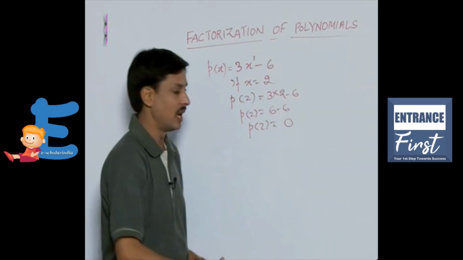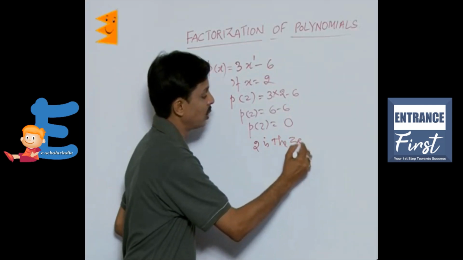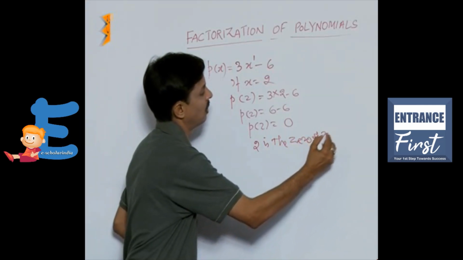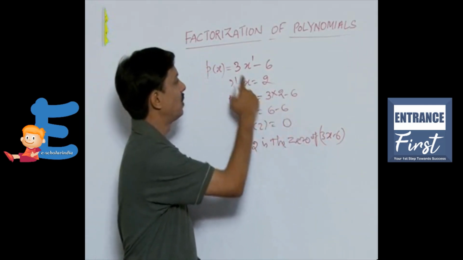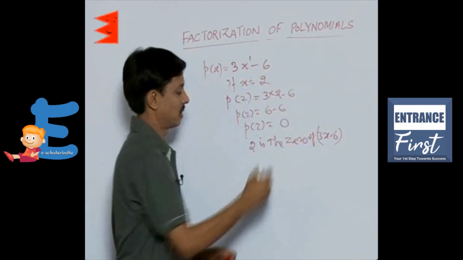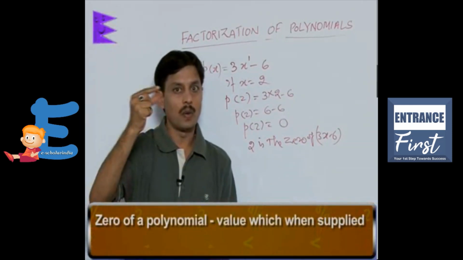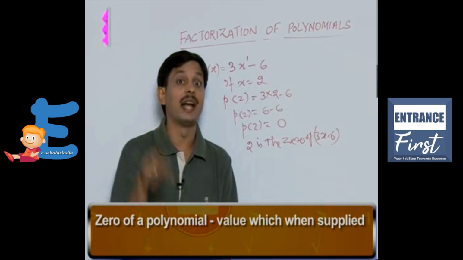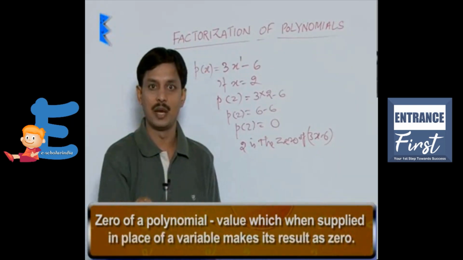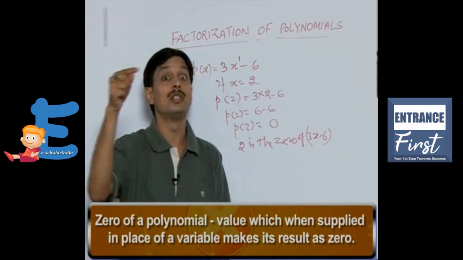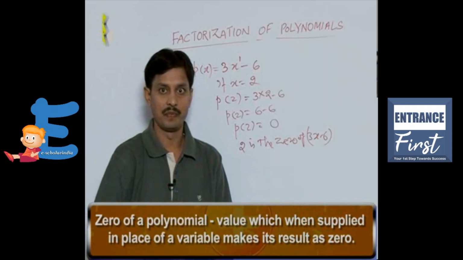So we say 2 is the zero of 3x minus 6. So what is the zero of a polynomial? The zero of a polynomial is that value which, when supplied in place of the variable, makes the result 0.